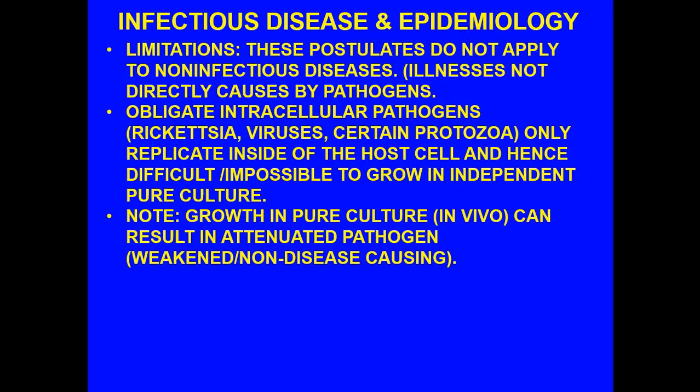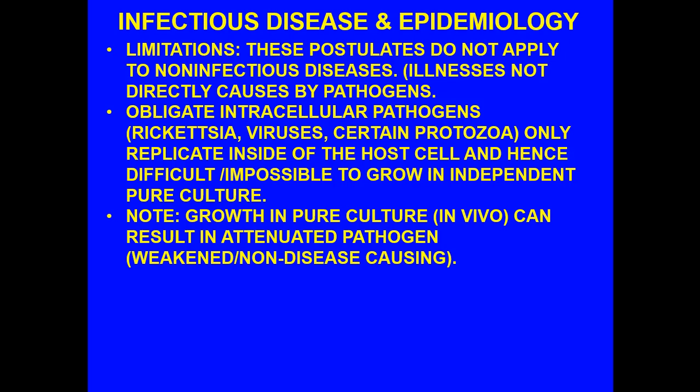Also, you have some organisms that its growth in a pure culture can result in attenuated pathogen. When I say a pure culture, by the way, this is when we get into in vitro versus in vivo. In vivo means in a living organism. In vitro, such as growing it in tissue culture, growing it on a petri dish, this is called in vitro, as if in glass.